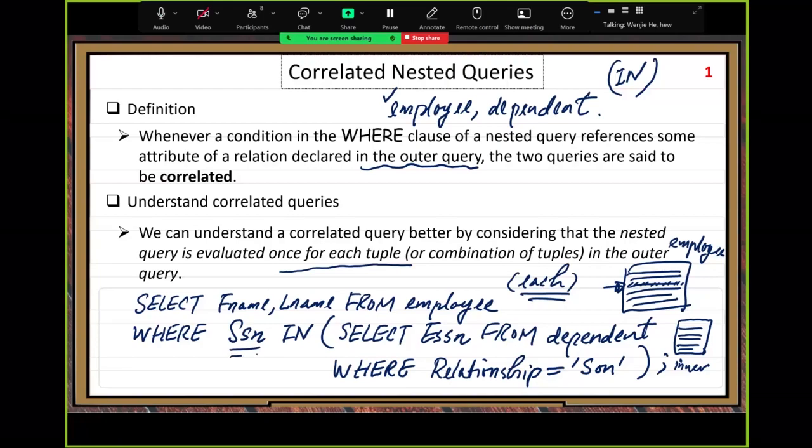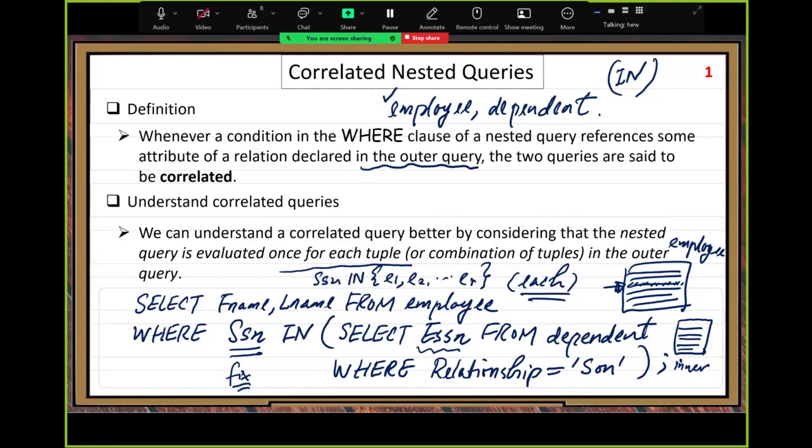After you fix the SSN, you run this inner query. The inner query returns a list of ESSN, E1, E2, and so on, and then your SSN is checked to see whether it is in this list.